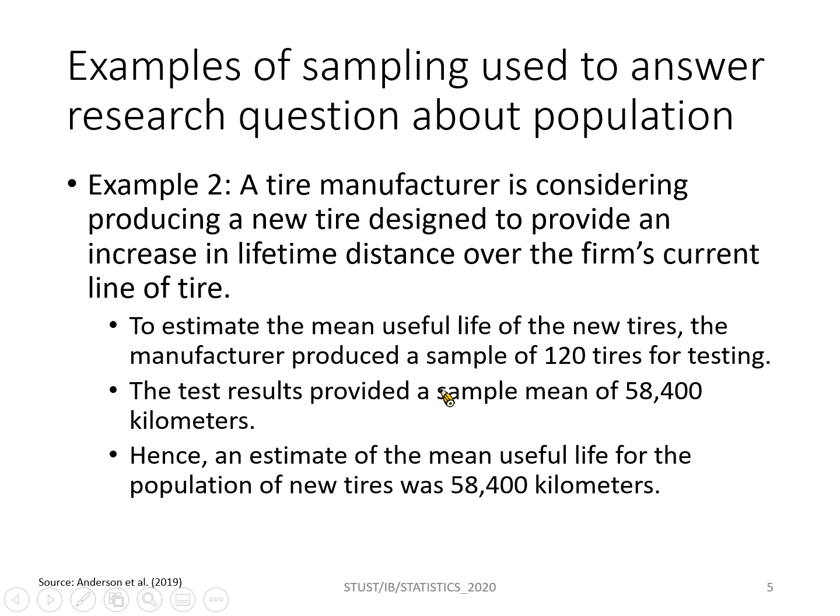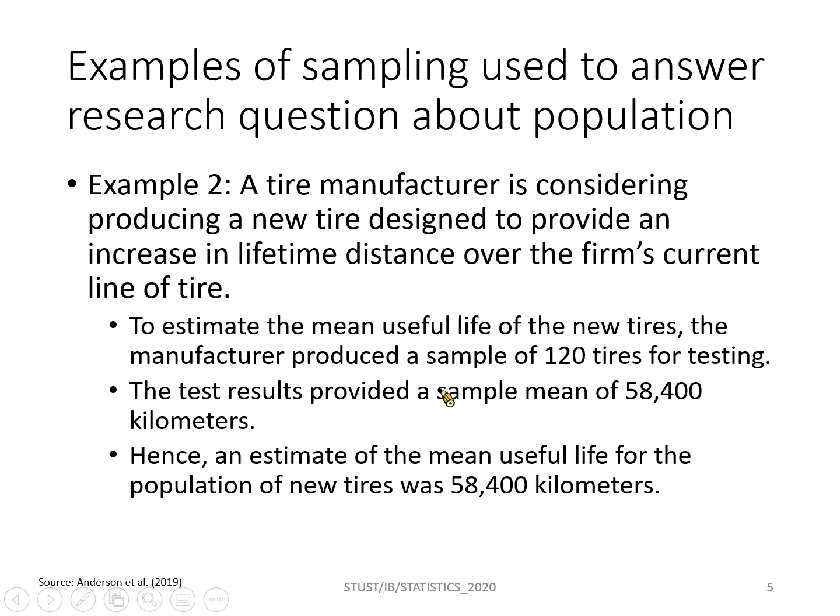The second example is a tire manufacturer that is considering producing a new tire designed to provide an increase in lifetime distance over the current line of tires. In order to estimate the mean useful life of the new tires, the manufacturer produces a sample of 120 tires for testing.